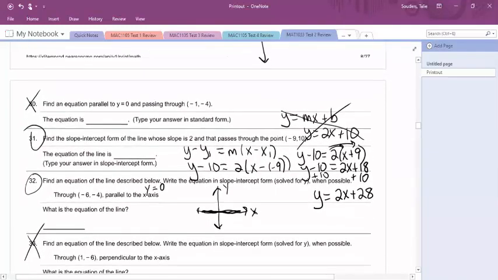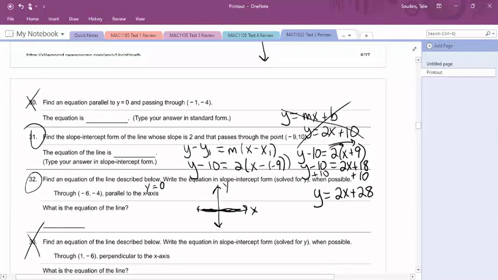So we want to find a line parallel to a horizontal line. So what kind of line is parallel to a horizontal line? Another horizontal line, right? Okay, so we need to figure out what horizontal line goes through the ordered pair -6, -4.